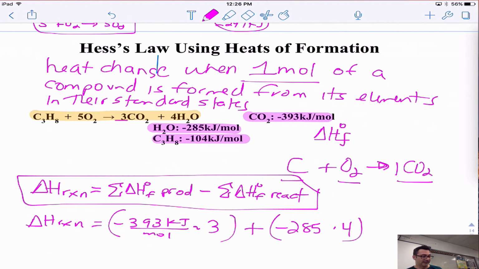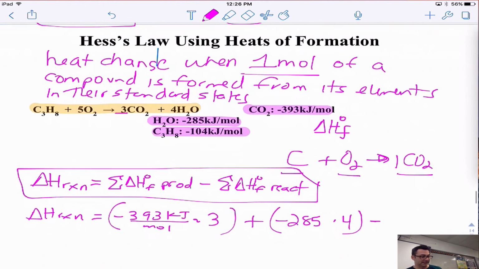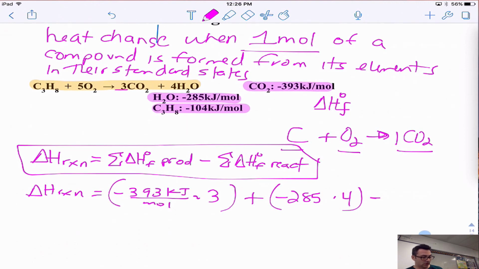Those are my products minus my reactants. My reactants are C3H8, which is negative 104. Again, this is kilojoules per mole times moles for all of these. And that's times 1 mole.